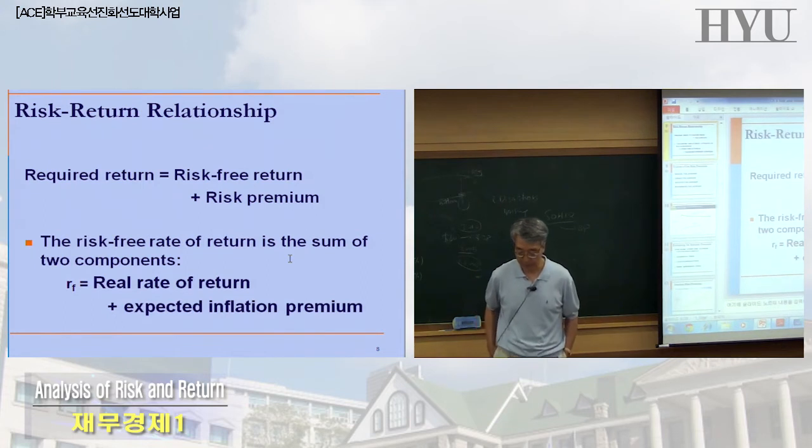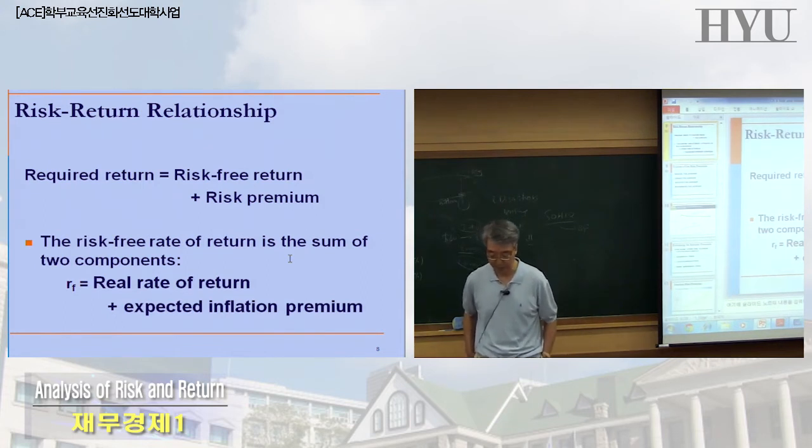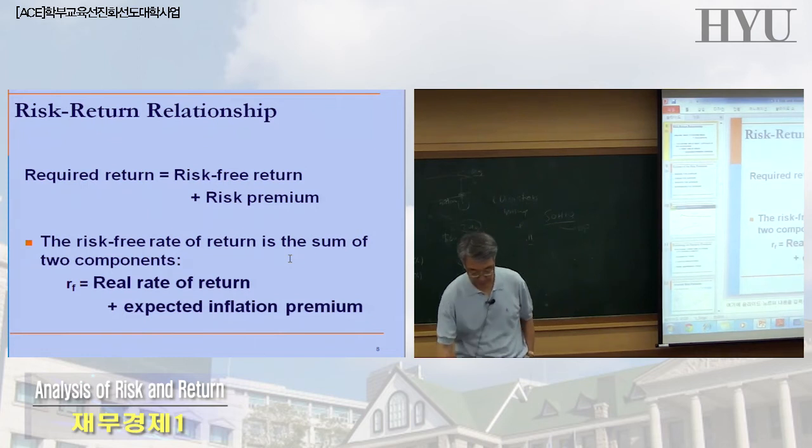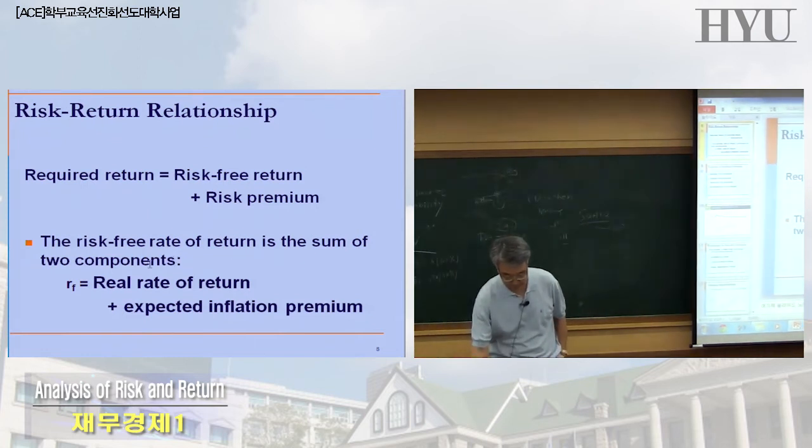Of course, there are different types of risk premium. The risk-free rate of return, the first component, actually has two different components. The first one is the real rate of return. The second one is the expected inflation premium.